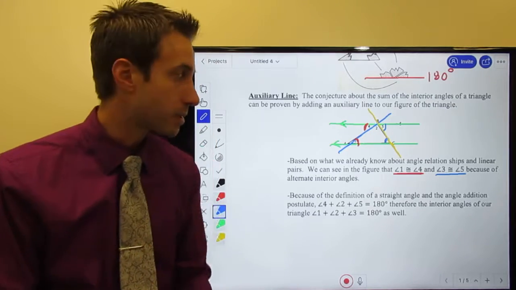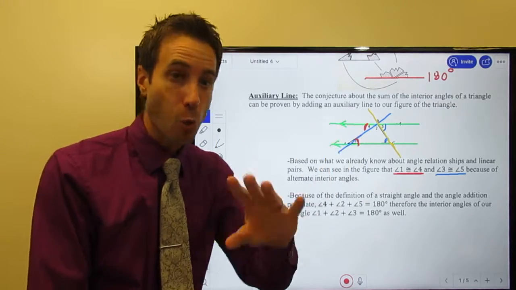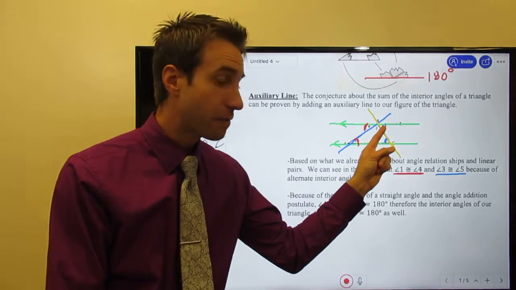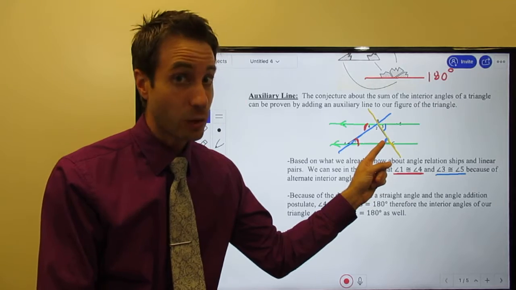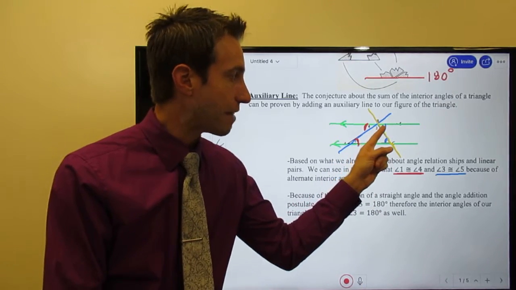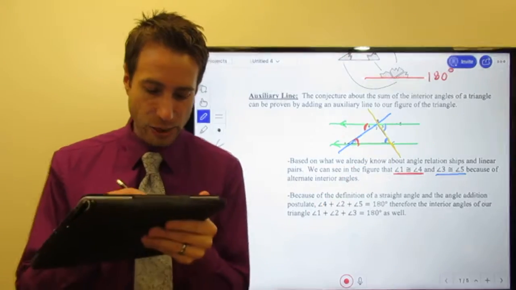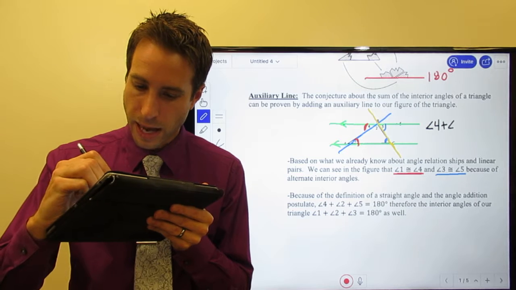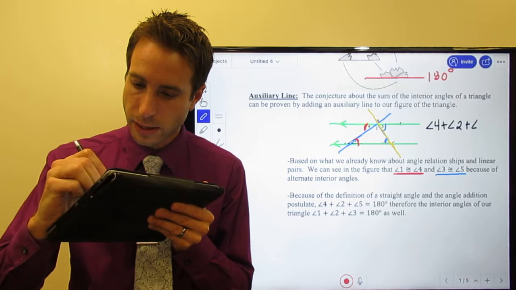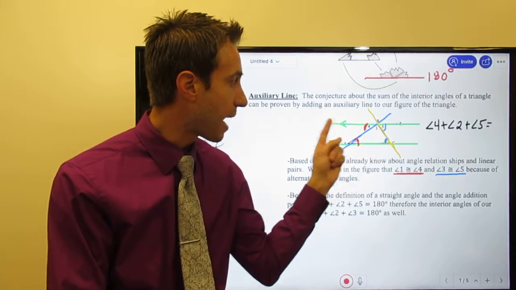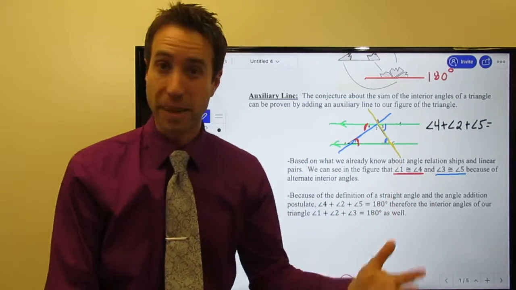Well, look at this. Angle 4, which is the same as angle 1, and angle 5, which is the same as angle 3. Don't forget that they're the same, right? Angle 4, angle 2, and angle 5: what do those three angles have to sum to? They make a straight line.